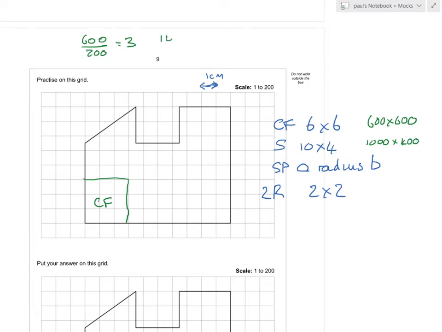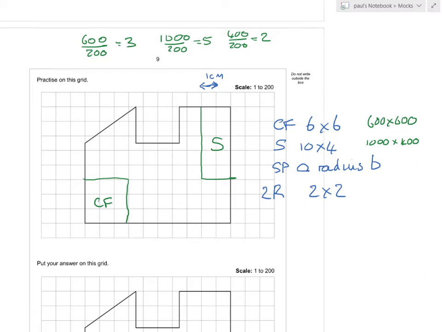So 1000 divided by 200 equals 5, and 400 divided by 200 equals 2. So my swing is a 5 by 2 square. This is all going to fit. Let's do 1, 2, 3, 4, 5 by 2. So that's the swing.